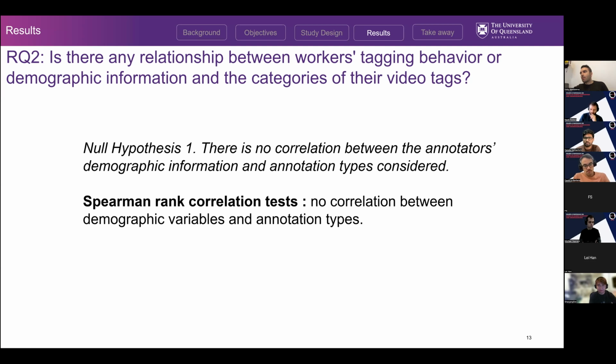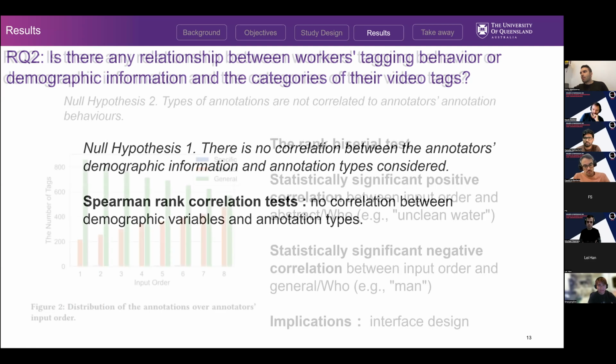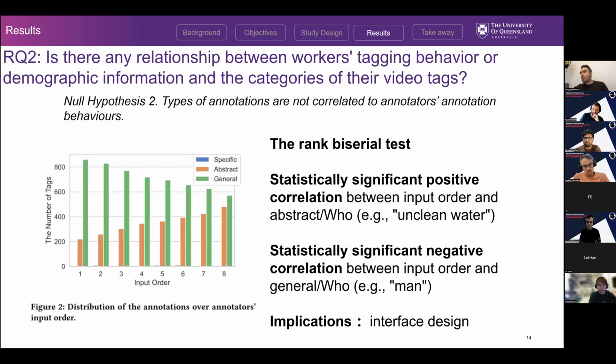The second hypothesis is we try to find, is there any correlation between the tab and their annotation behavior? And we found very interesting things. The first few words that the crowd worker provides are more like specific labels, and the later words the crowd worker provides are more like abstract annotations.